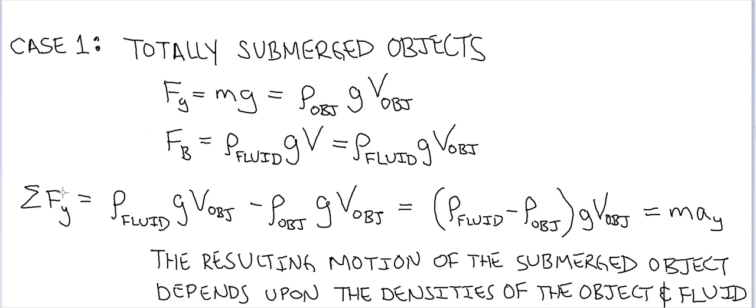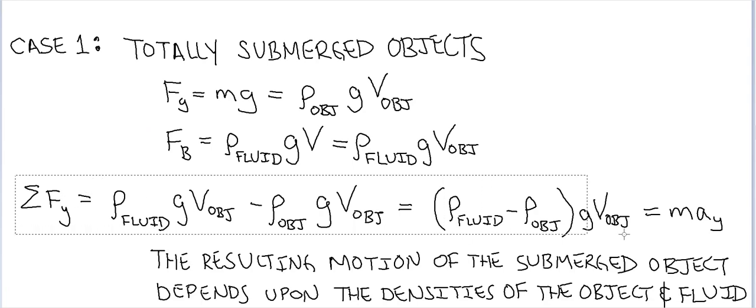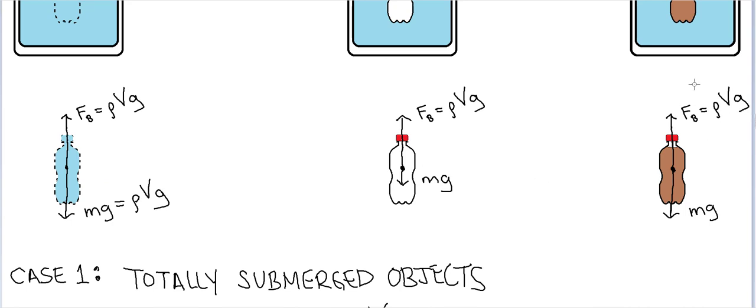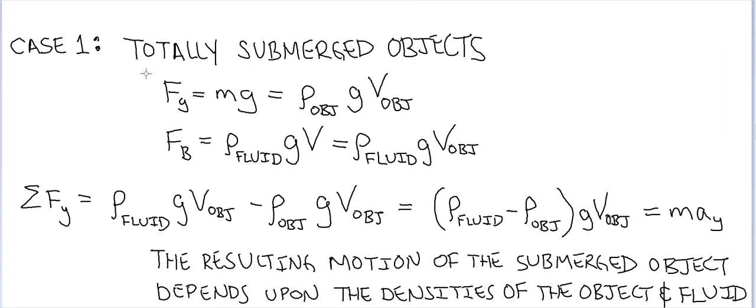And so this time we could write an equation of motion, right? It has the upwards buoyant force and the downwards gravitational force. The gravitational force is defined thusly for a totally submerged object. The buoyant force is defined thusly.